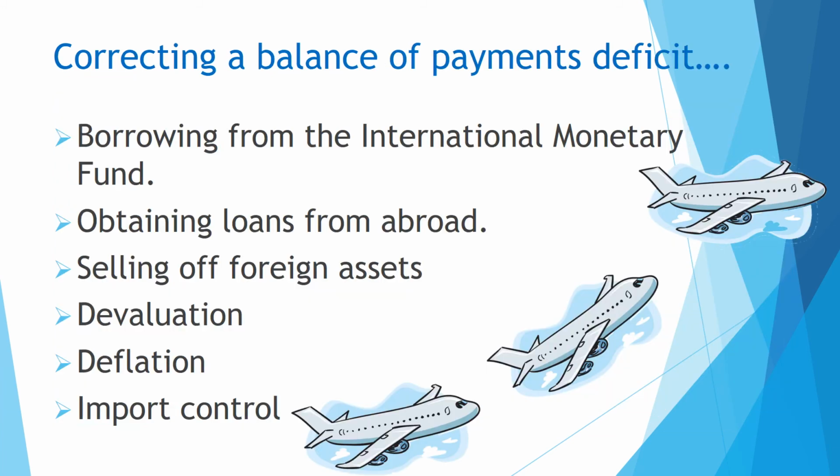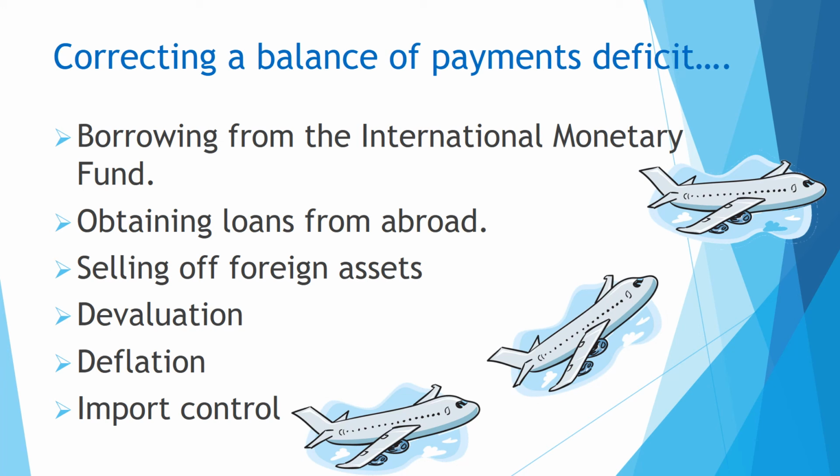All right. Now we're going to talk about what, if the country is anything like the Bahamas, which has a deficit balance of payment, our government should be doing at this time to correct our balance of payment.